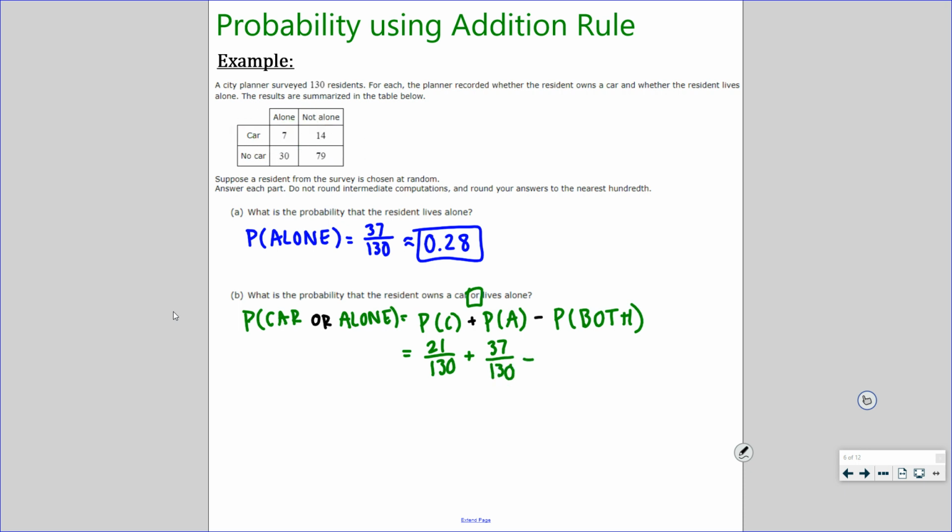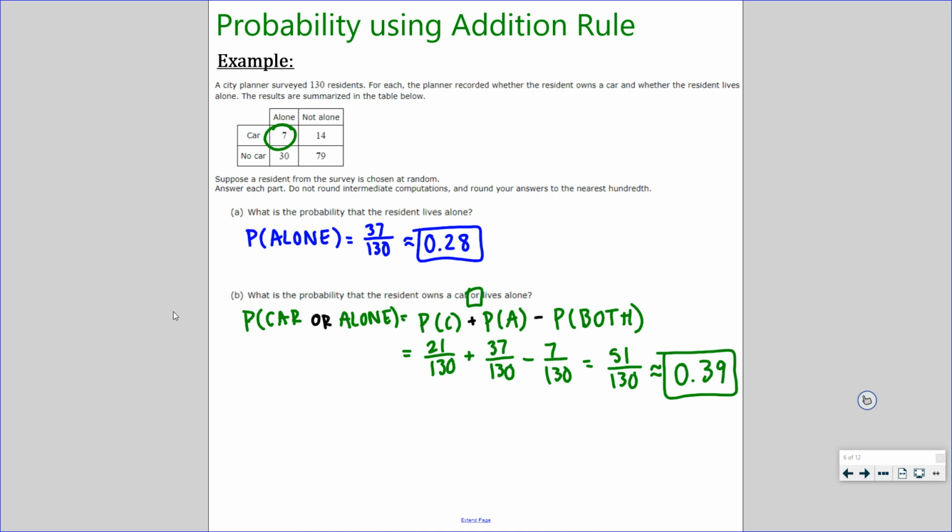So which one did we essentially double count? The probability of both car and alone is 7. Okay, so I got this fraction, 51 out of 130. Rounded to the nearest hundredth, I got 0.39.